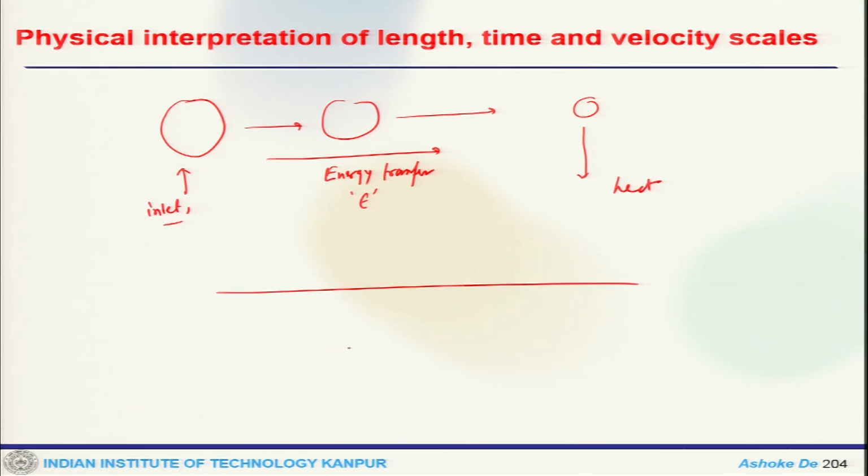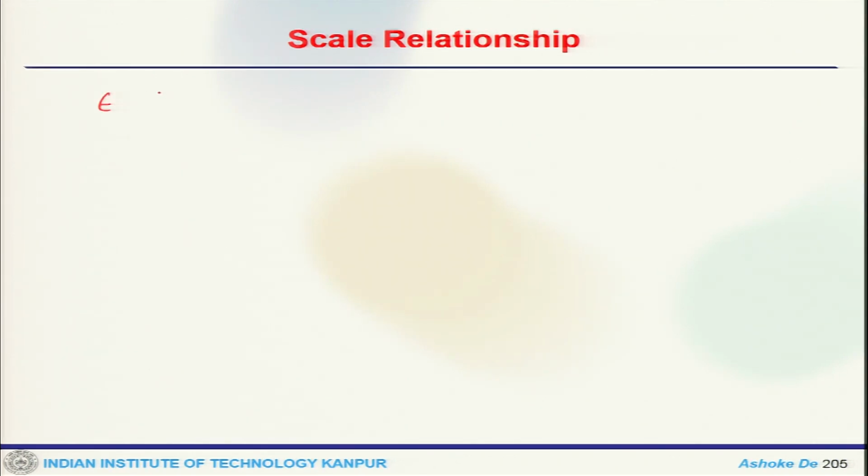This is my demarcation zone and this is my eddy size L, and this would be my delta L, that is, the reaction zone. One can define the relationship among the scales, like epsilon, which we have already seen, which would be finally V naught cube by L naught, which is V eta cube by eta.